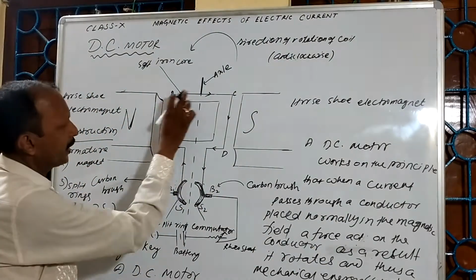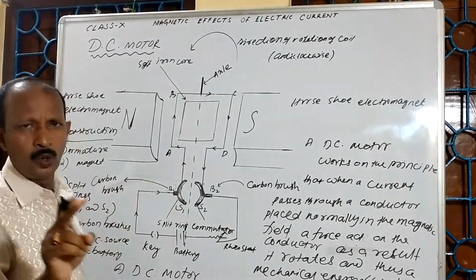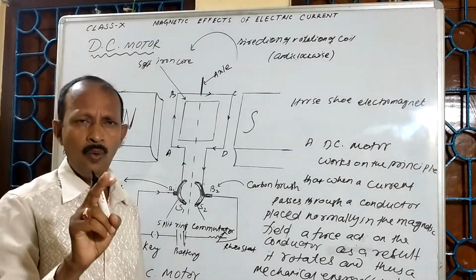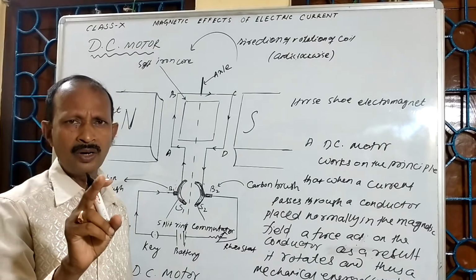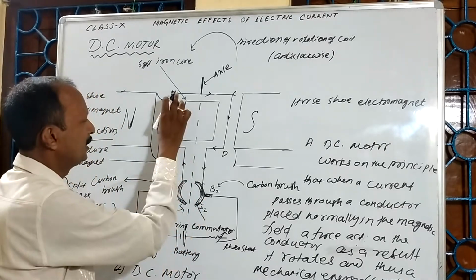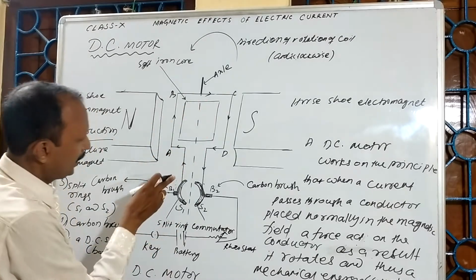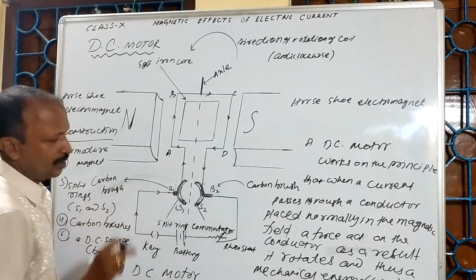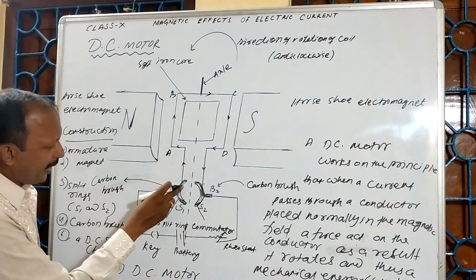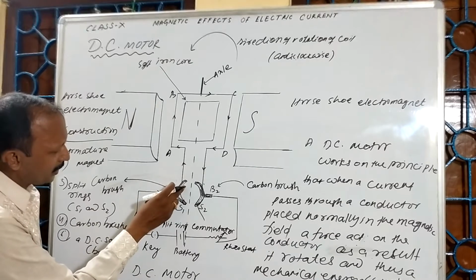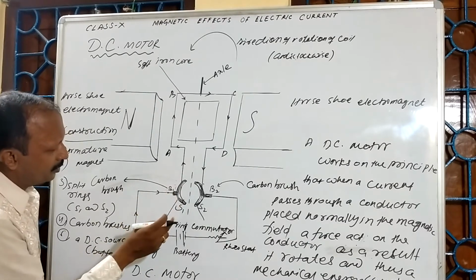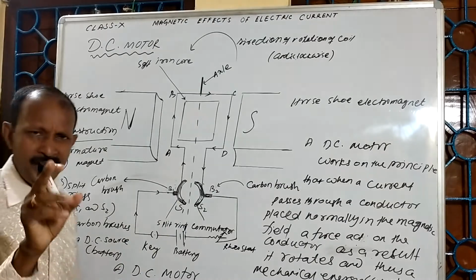So this is the rectangular coil. Don't think that there is only one turn of coil. Not like that, there are a number of turns of coils. These are the two ends of the coil. These two ends of the coil are connected with the split rings.